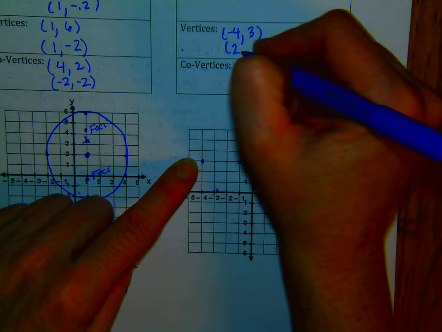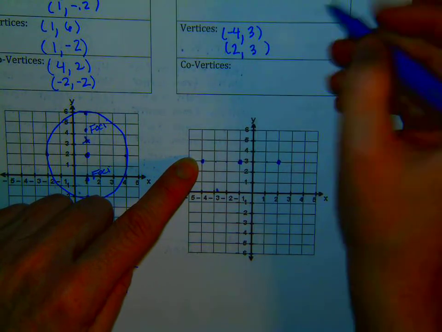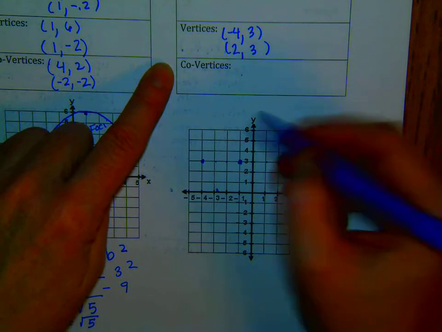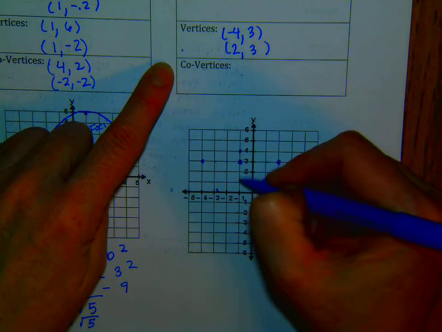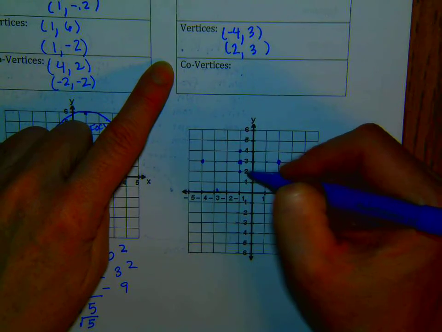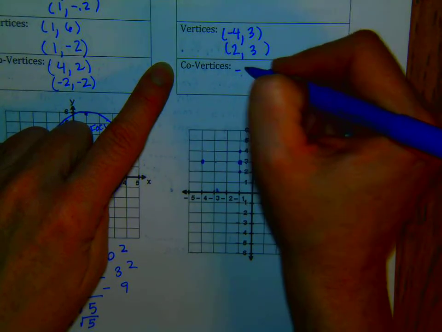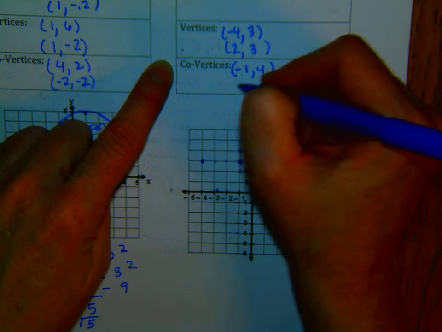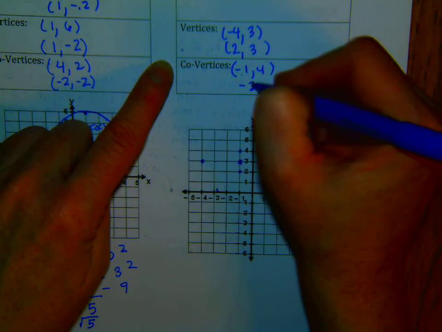Those are our vertices. Now our co-vertices are on the y-axis, and we just go up 1. That is going to be negative 1, 4 and negative 1, 2. Said it right, wrote it wrong.